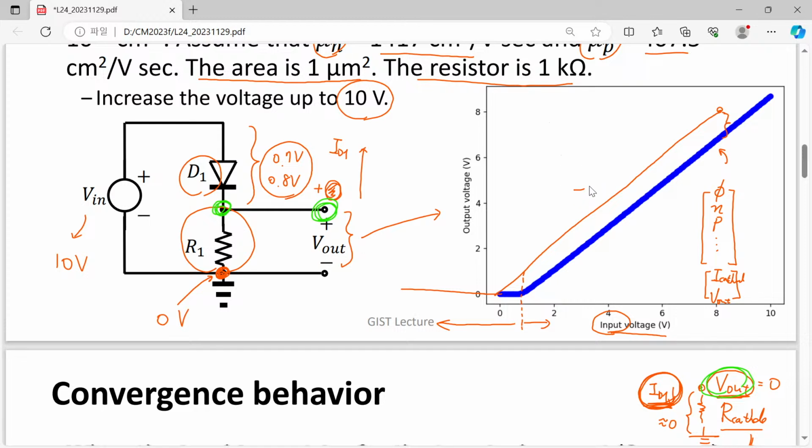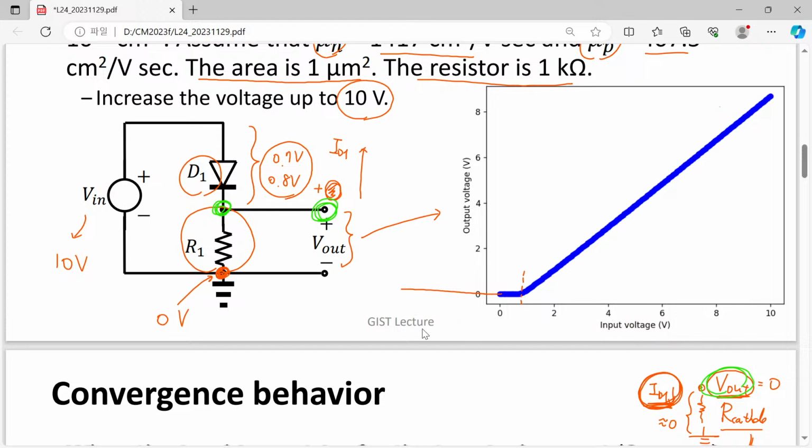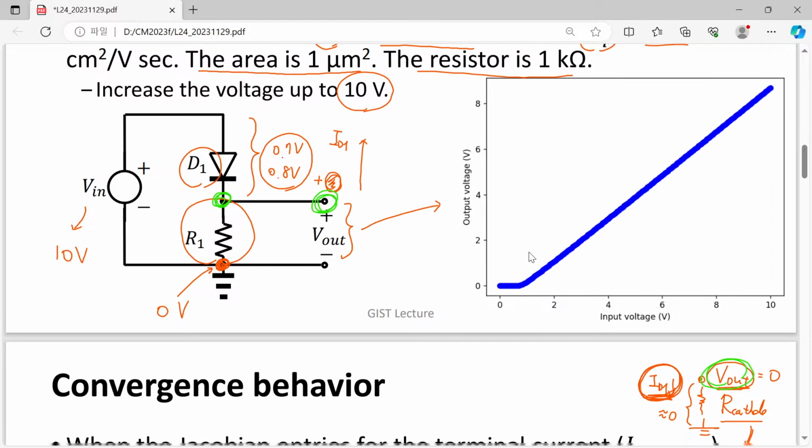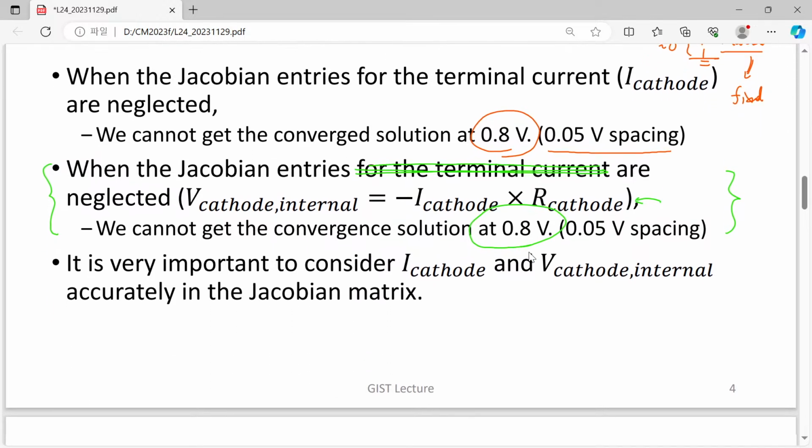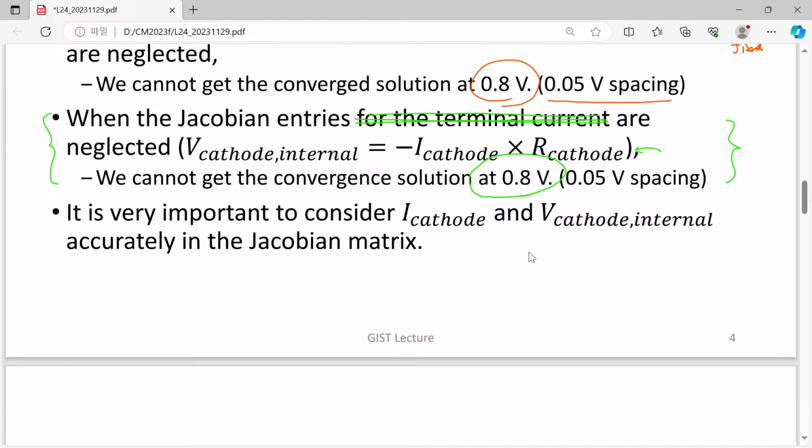If it converges quite fast, then it indicates that your implementation is good. And if it takes a long simulation or many iterations, then certainly it means that internally something is wrong. So it is very important to consider both of them.